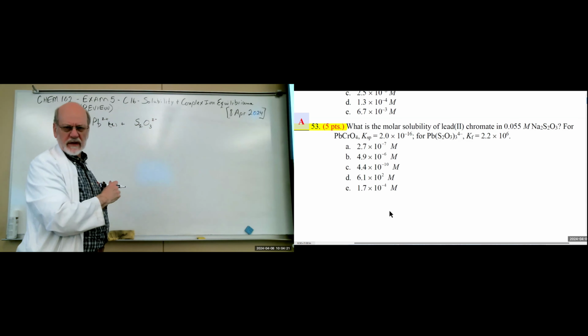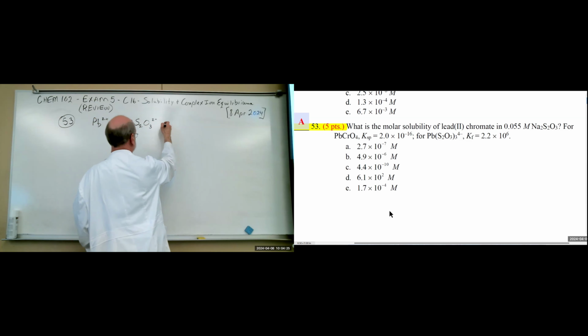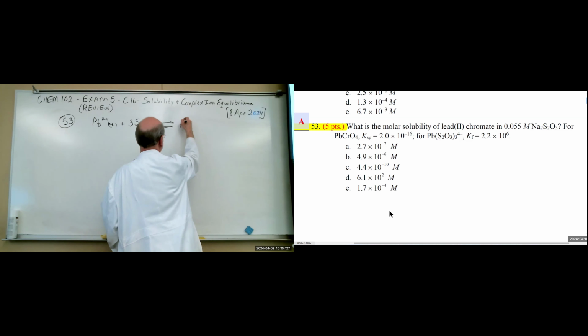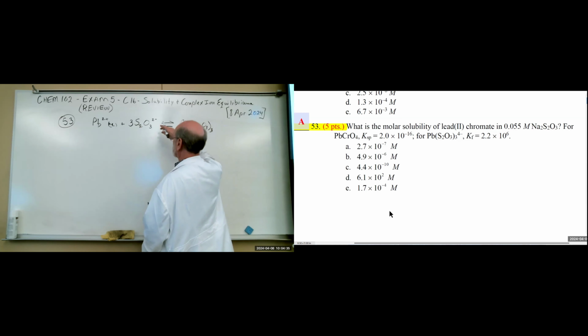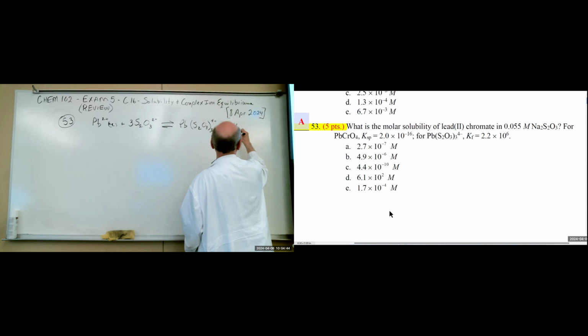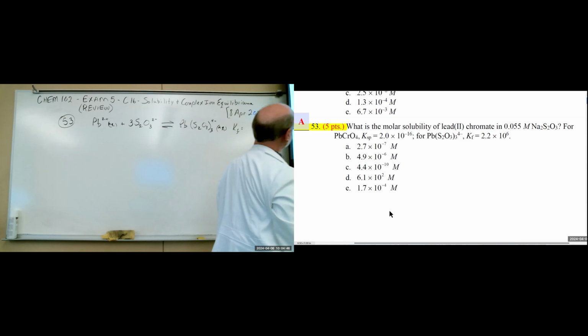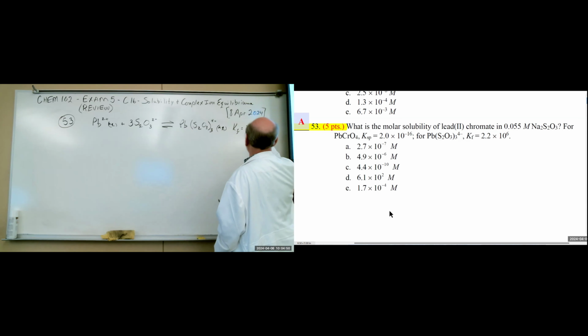How many of those do we need? 3. It is in equilibrium with this complex ion. We have 3 of them, and then 6 minus and 2 is 4 minus, aqueous. And the KF for this one is 2.2 times 10 to the 6th.